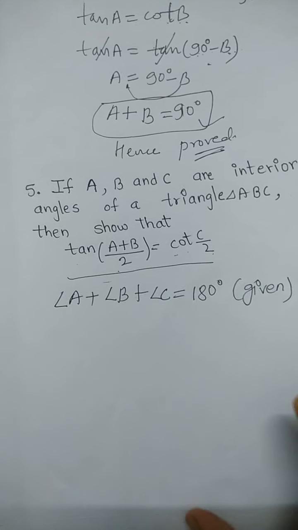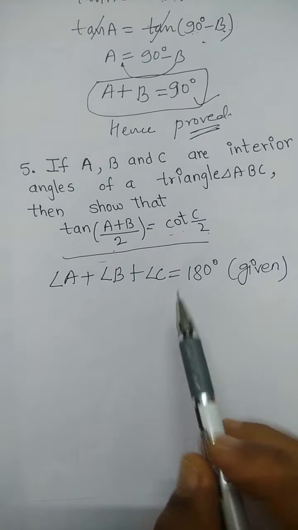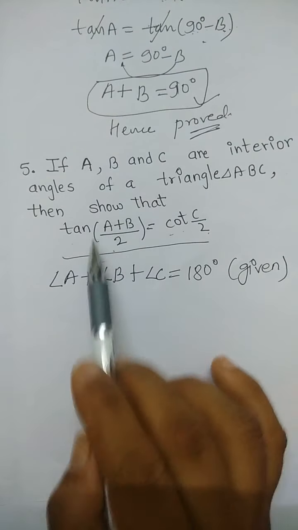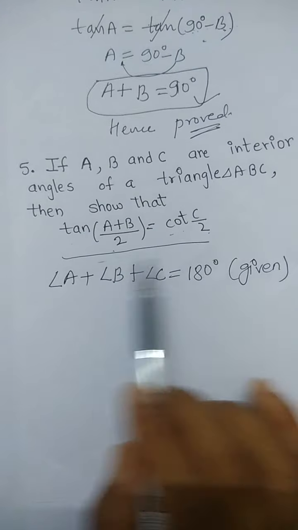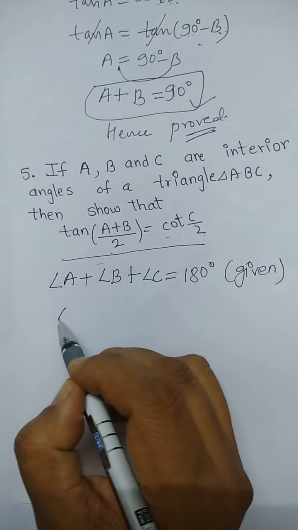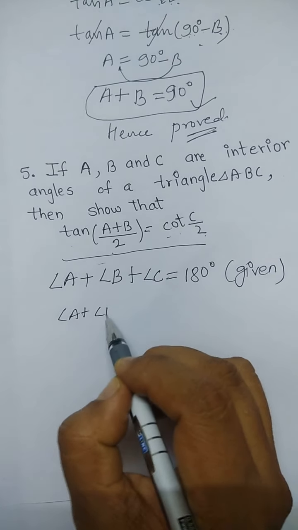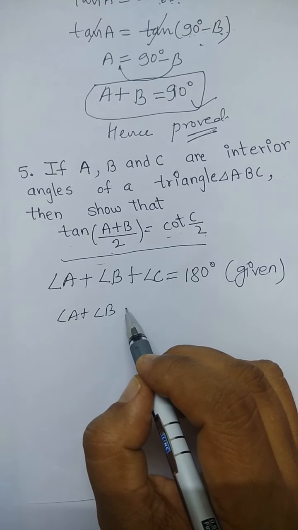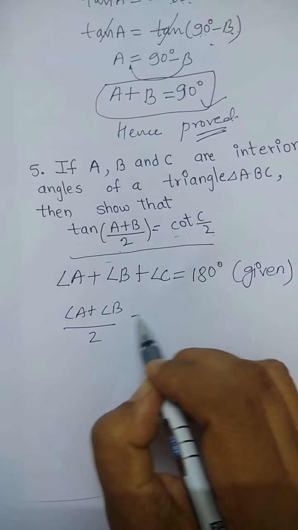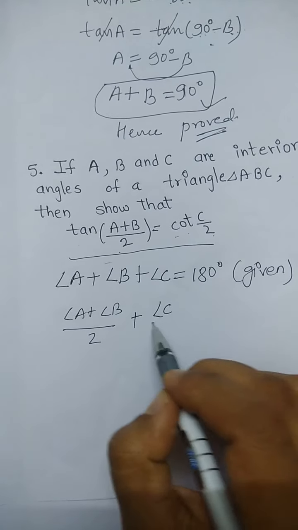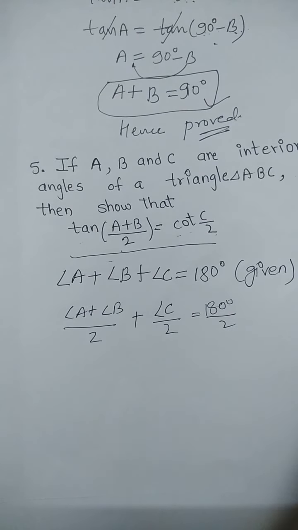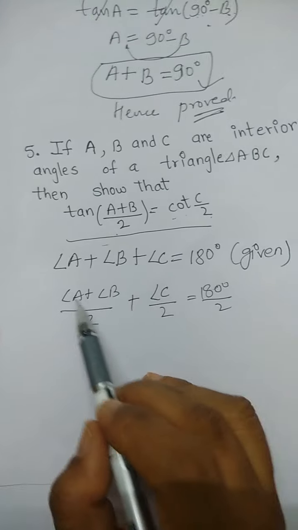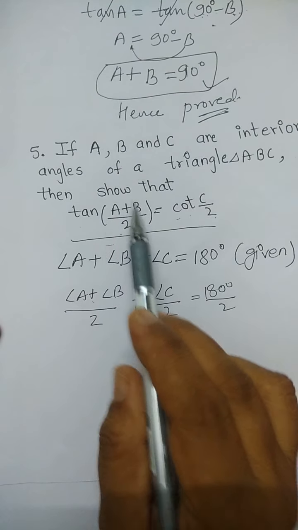Now what we have to do? We have to do grouping. See here, A plus B is together. So we have to make groups and divide by 2. Angle A plus angle B upon 2 plus angle C upon 2 equals 180 degrees upon 2. We are making groups. Why are we taking angle A plus B? Because here A plus B is together.